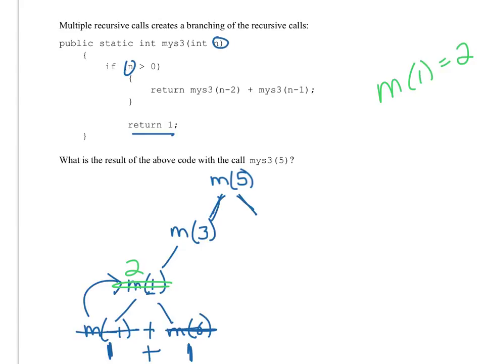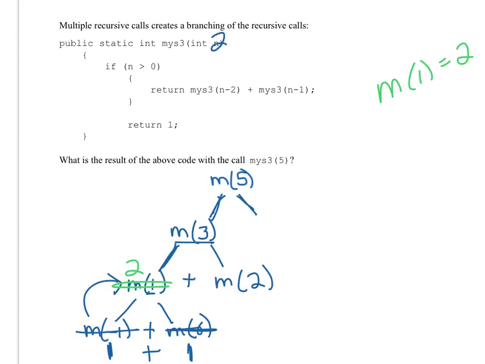Okay, so this one's done, but now I have to figure out what it adds to for M3. So for M3, this would be mystery 3 minus 1, which is 2. Okay, so I don't know what that is yet. I thought I did, but no, M1 is 2. So mystery 2, we don't know what that is, so we have to call mystery 2. So this starts it back at the beginning.